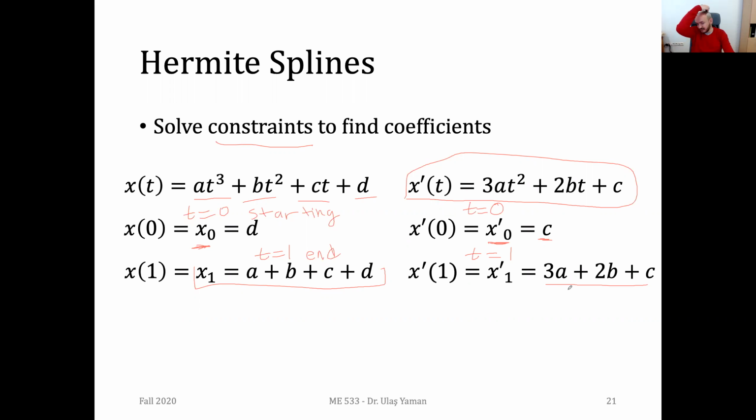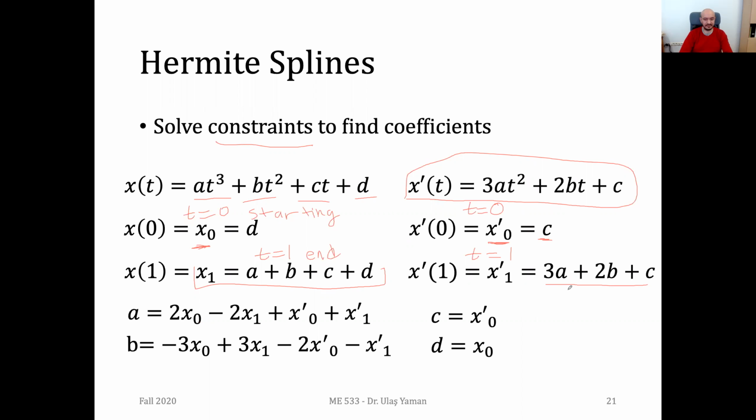So now we can simply use these four equations to obtain the relation between x0, x1, and their primes, and t.